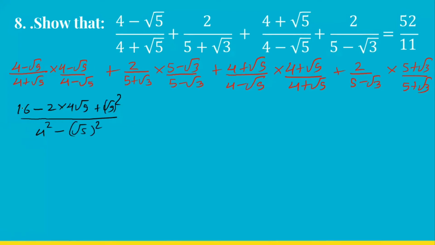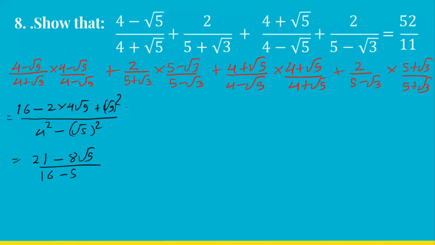So this is going to be, then I rationalize this. I am getting this as 16, and root 5 square is 5. So 16 plus 5, I'll get 21 minus 8 root 5 upon 4 square is 16, and 16 minus 5 is going to be 11.